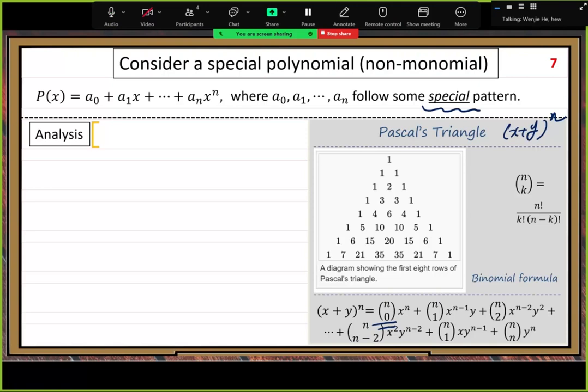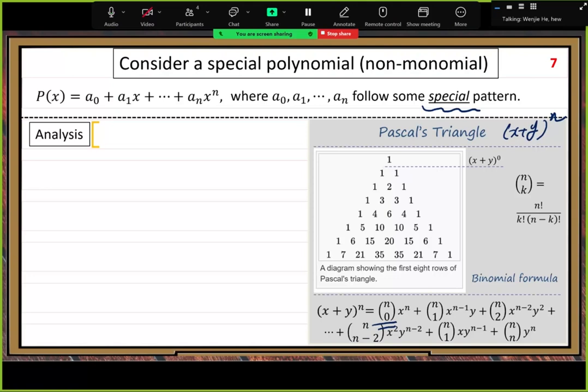Now, we can use these combinatorial numbers to build Pascal's triangle. Let me show you how to build it. The top level, the tip of the triangle, 1, corresponds to x plus y to the 0. The exponent is 0, so it's 1, only one term.